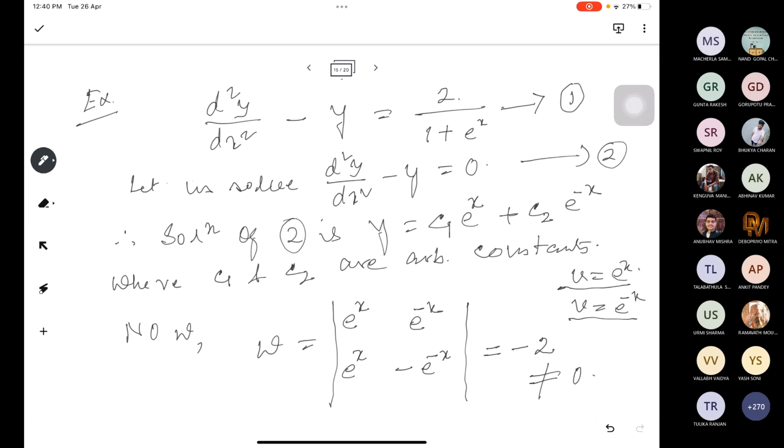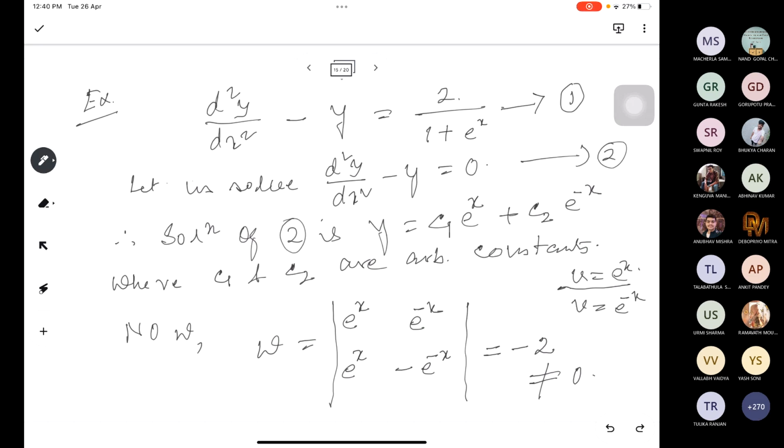So if these are linearly independent, then the general solution of equation 2 is given by the linear combination C1u plus C2v, where u and v are two linearly independent solutions.